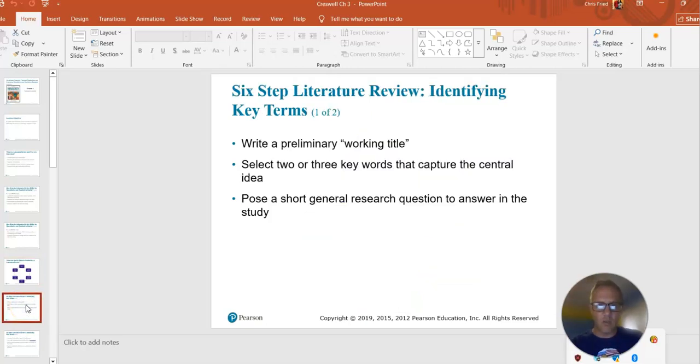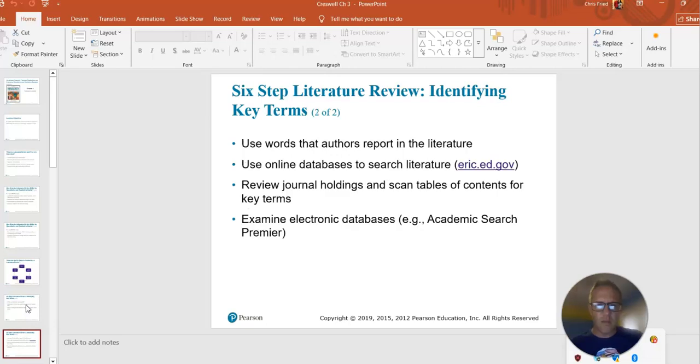I wanted to just make sure that you know that as you are looking at finding information and articles and data for your topic, you want to be using keywords. Right?